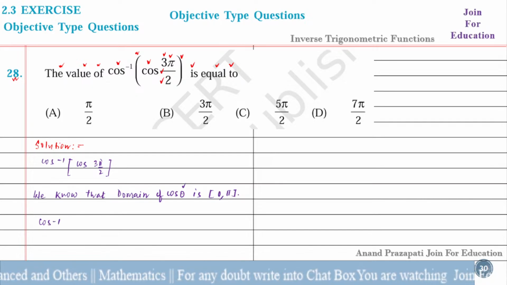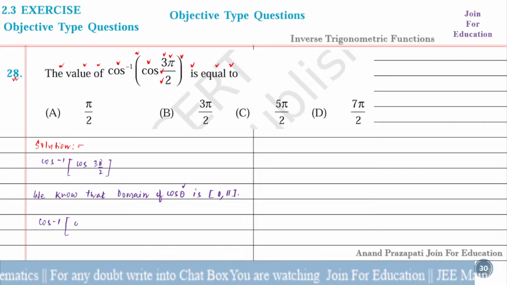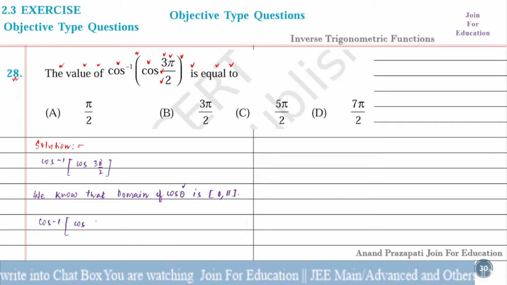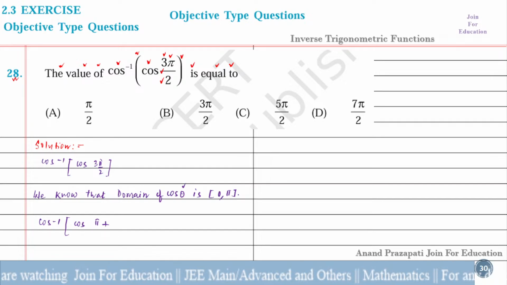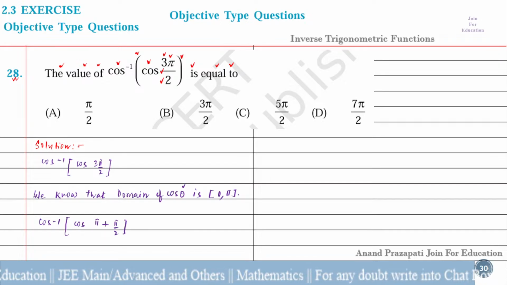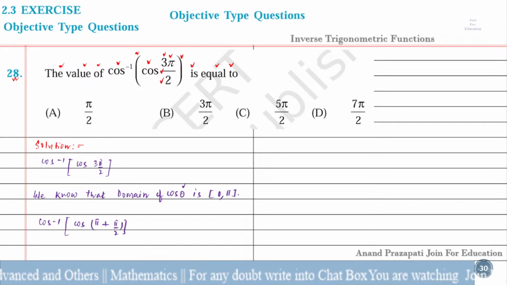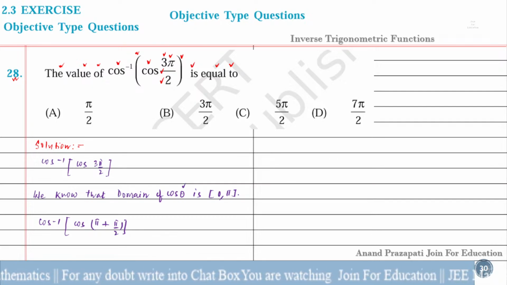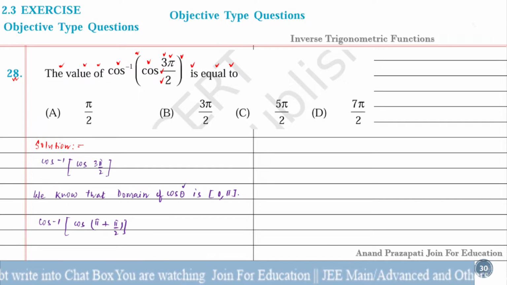So cos inverse we write down here cos pi plus pi by 2. After there is no problem to understand up to this step and we know that cos pi plus theta equal to minus cos theta.